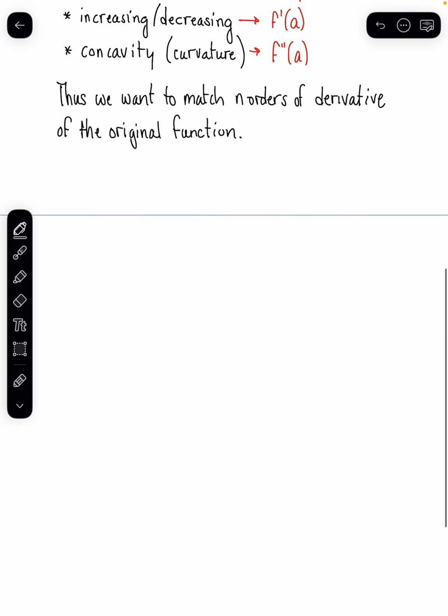Now, unfortunately, it's not quite as simple as we might like in terms of just matching the derivatives. There is a bit more to it than that. I am going to start with the definition of what a Taylor polynomial is. We're going to start with a generic function.